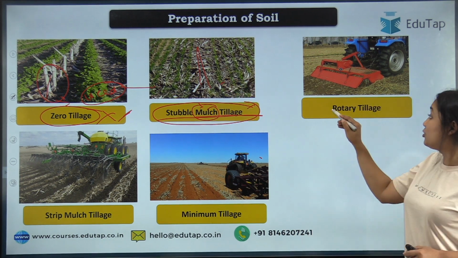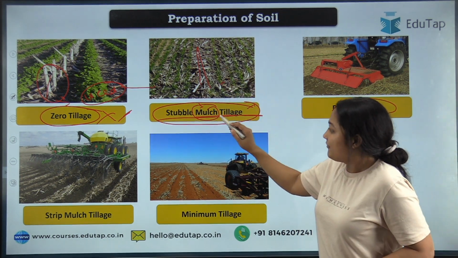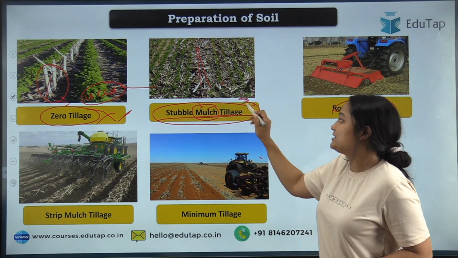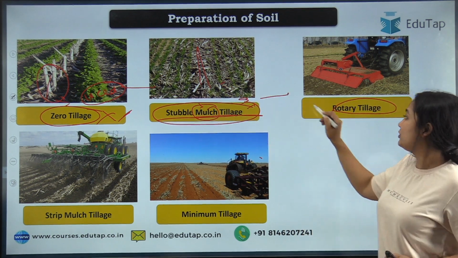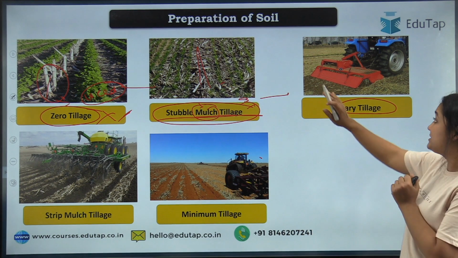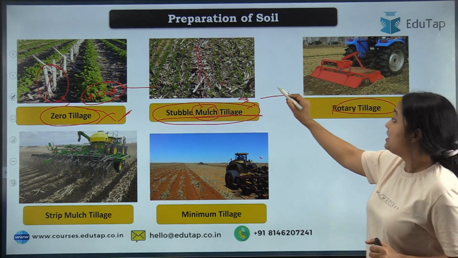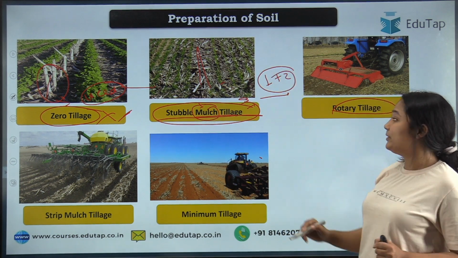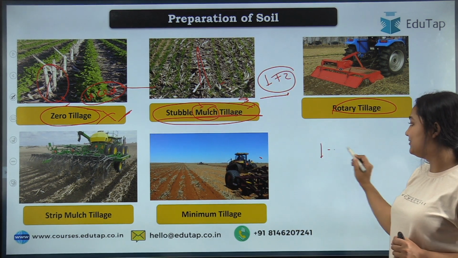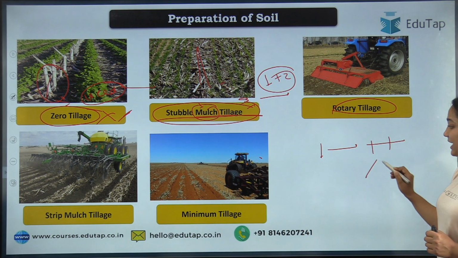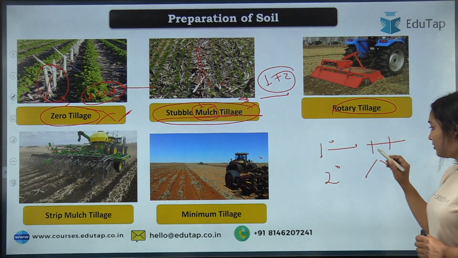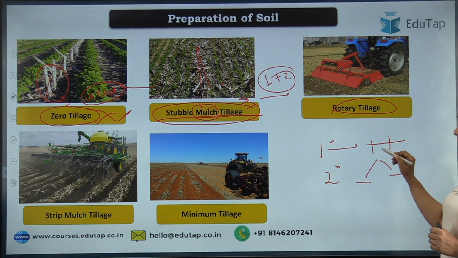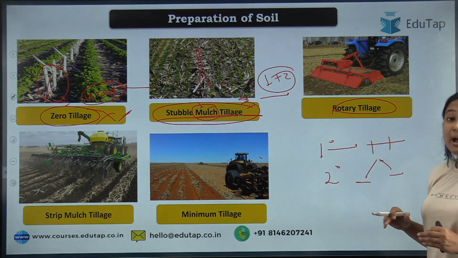So now, talking about rotatory tillage. Here we still need to do some kind of work, and in rotatory tillage we do tillage. But what's the advantage here? In rotatory tillage, we mix primary tillage and secondary tillage together. As I have told you, in primary tillage we break the surface, then in secondary tillage we further break the bigger clods that were formed due to primary tillage.